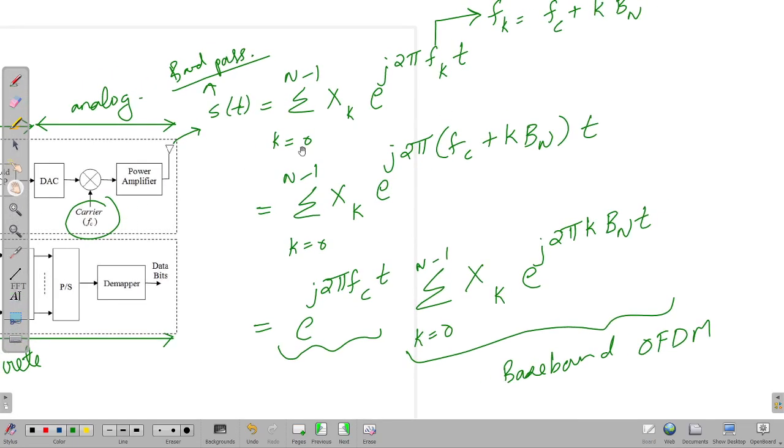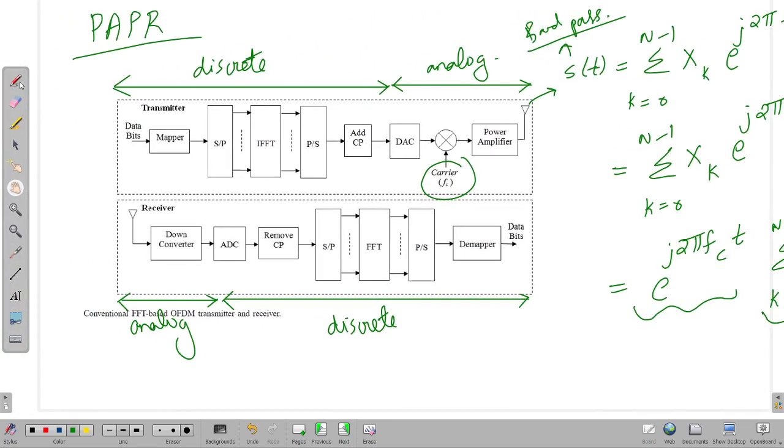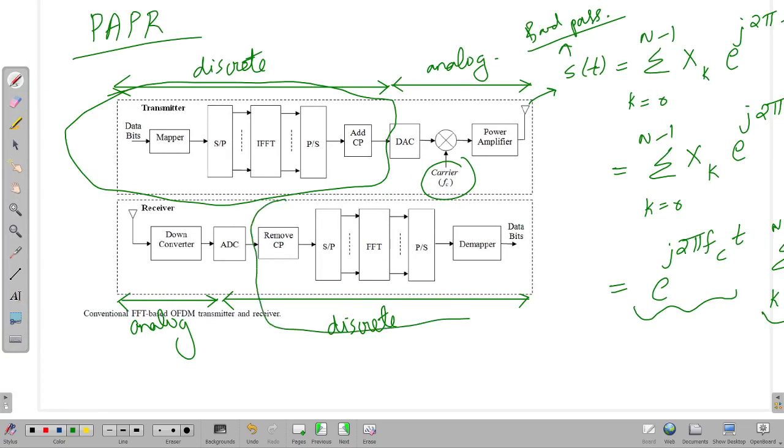Now I showed you this equation because it is in continuous time. Usually when we do OFDM, we consider the discrete implementation. Even if you do simulations or problems, we always tend to consider the discrete implementation, which takes care of this part, up till here, and this part till here.